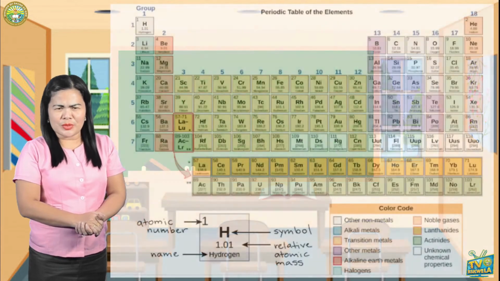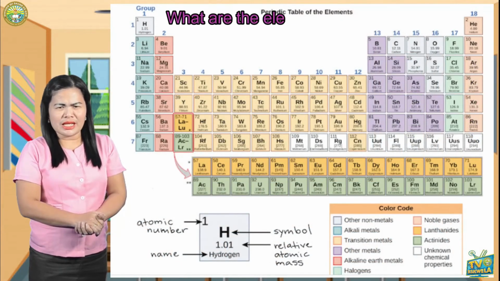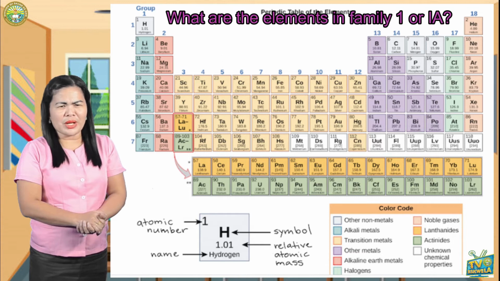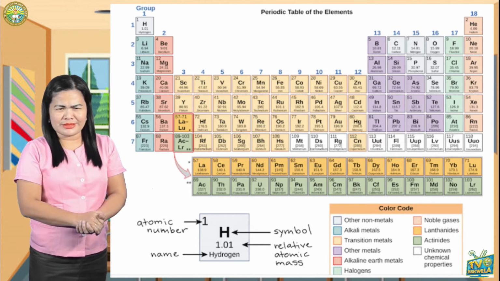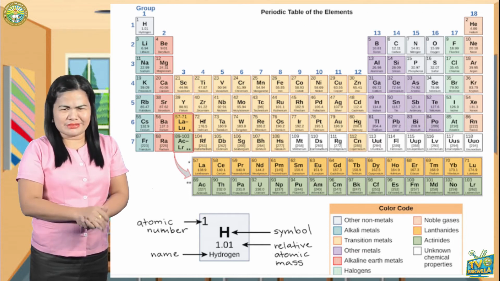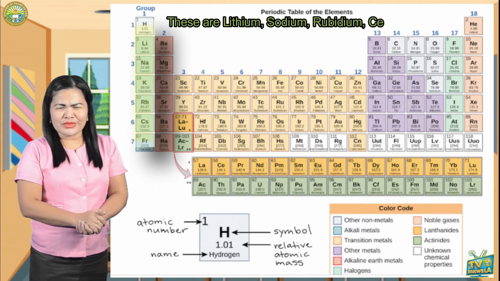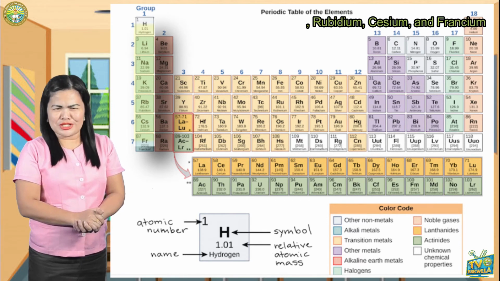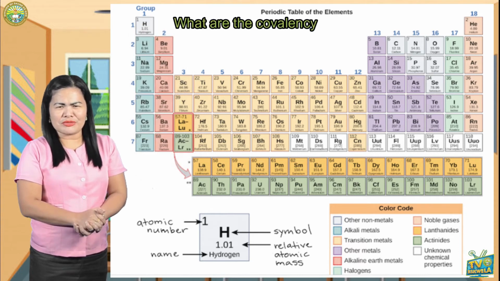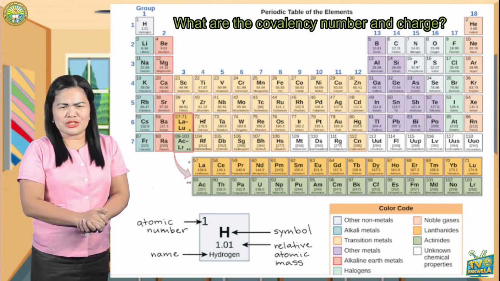Now, look at your periodic table. What are the elements in family 1 or 1A? Excellent! These are lithium, sodium, rubidium, cesium, and francium. What are the covalency number and charge?